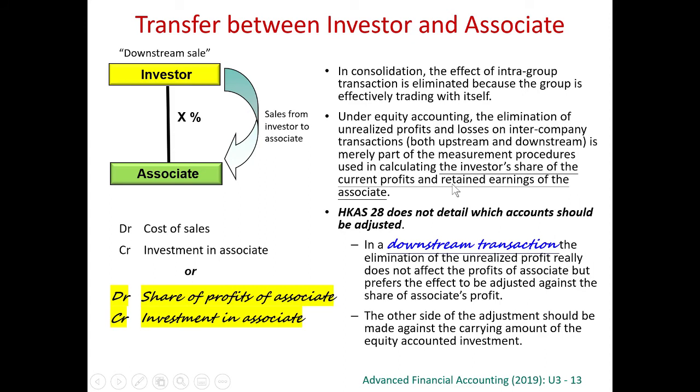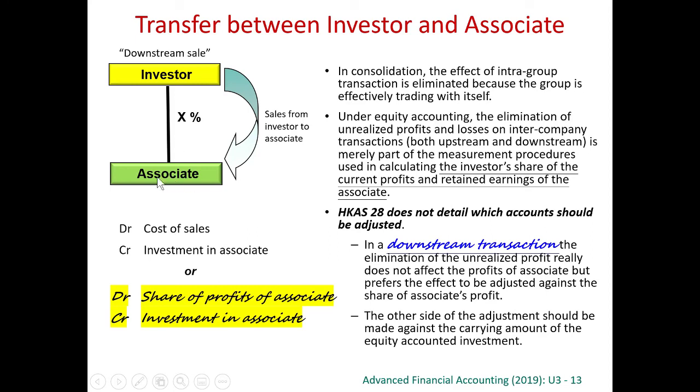Therefore, we will not adjust the inventory accounts, cost of sales, etc., because this is just an adjustment for the investment in associate. But in reality, in practice, different accountants have different opinions. Say, for example, someone in practice says that if the investor sells something to the associate, it is the investor who has got the profit, and therefore we need to debit the cost of sales.